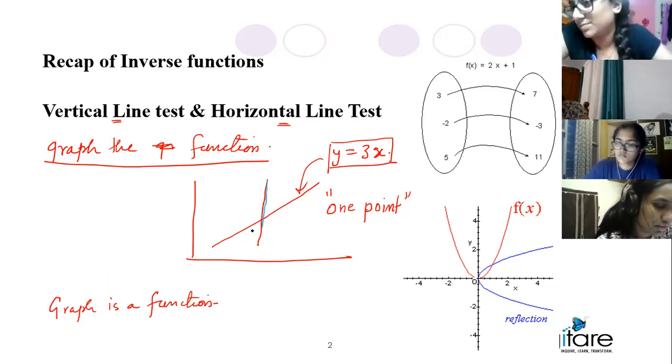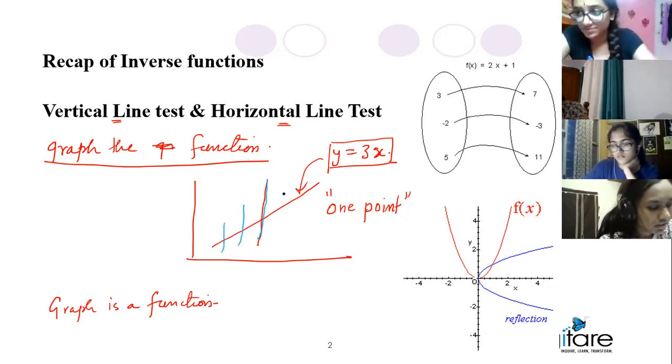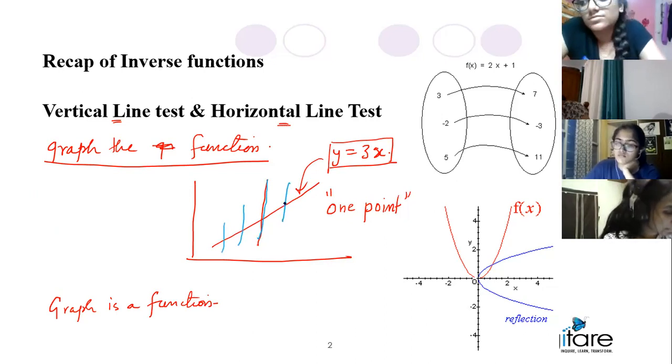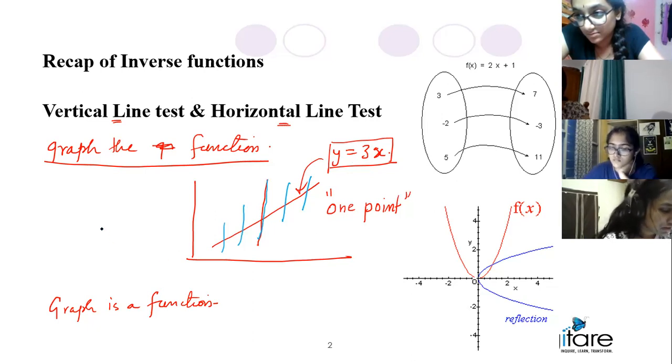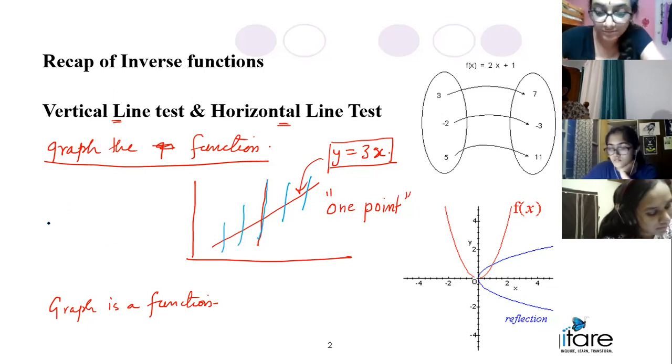Any vertical line on the graph should cut the graph only in one particular point. Okay, if it happens, then you say, hey, this graph has passed the vertical line test. That means y = 3x is a function. The relationship defined by y = 3x is a function. Are you following this, guys?